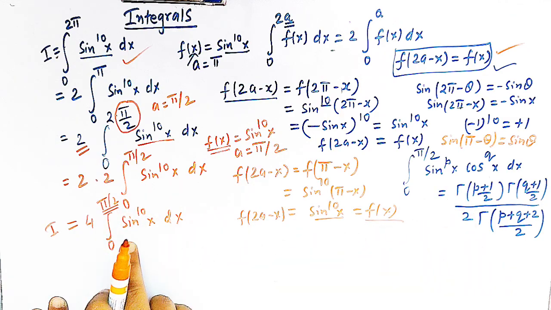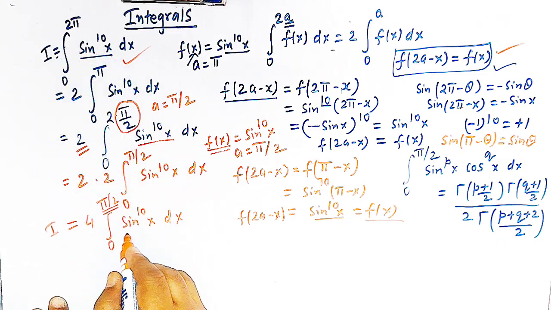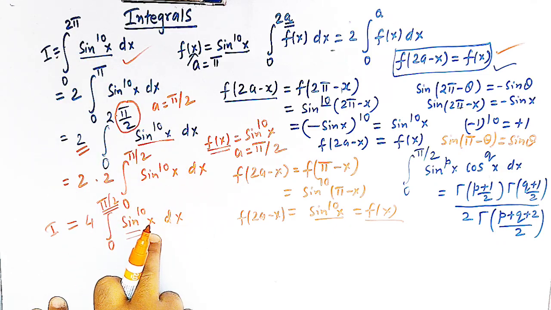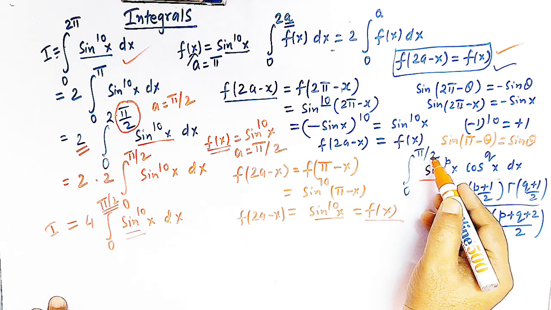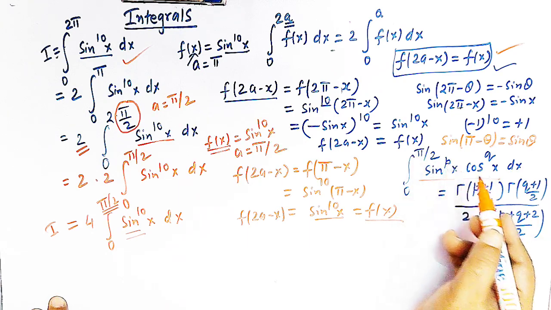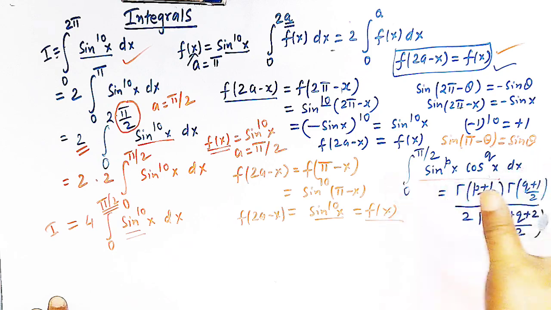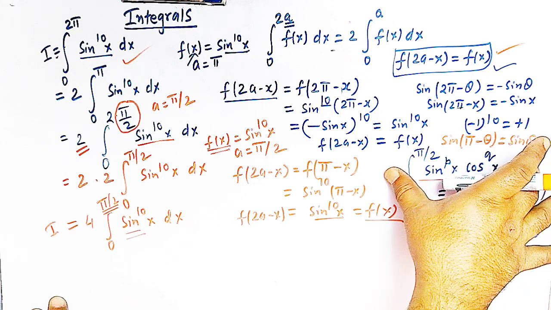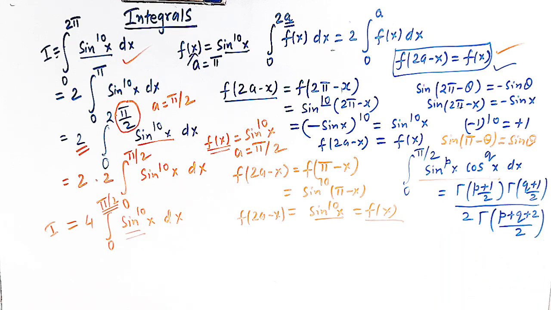So we have converted this integral into the form 0 to pi by 2 sine x raised to p cos x raised to q dx, and the direct value of this type of integral is given by this expression.